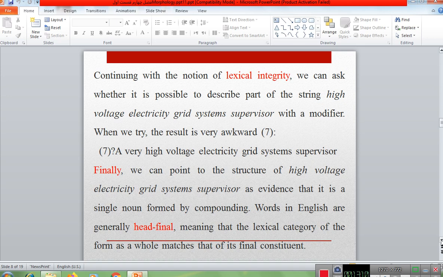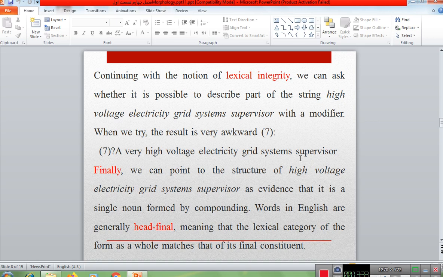So continuing with the notion of lexical integrity, we can ask whether it is possible to describe part of the string, for example, high voltage electricity grid system supervisor, with a kind of modifier. When we try, the result is very awkward. You see, a very high voltage electricity grid system supervisor.